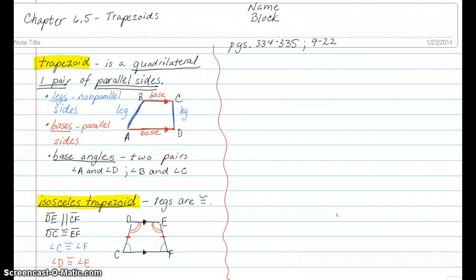In the picture below, the trapezoid CDEF, segment DE is parallel to segment CF. Segment DC is congruent to segment EF. They're non-parallel, but they are congruent. And in an isosceles trapezoid, the base angles, each pair, will be congruent. So angle C is congruent to angle F, and angle D is congruent to angle E.